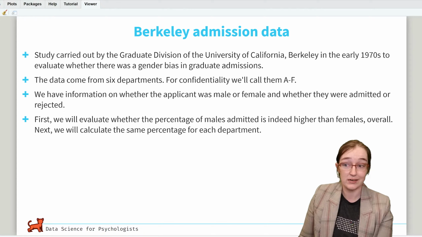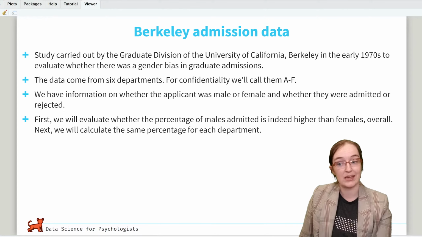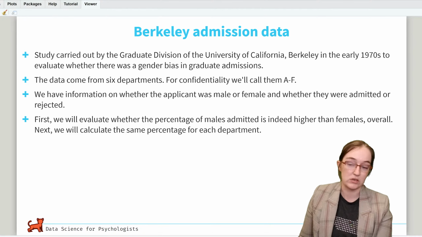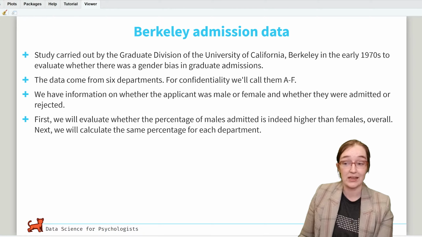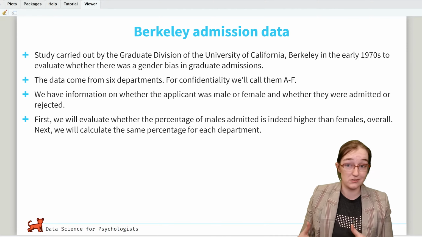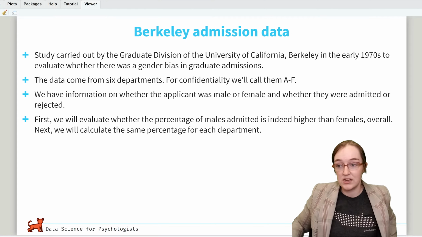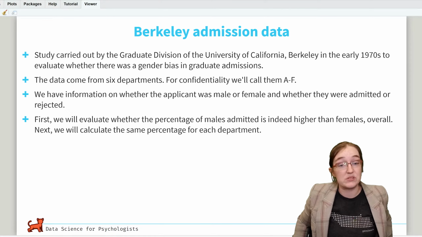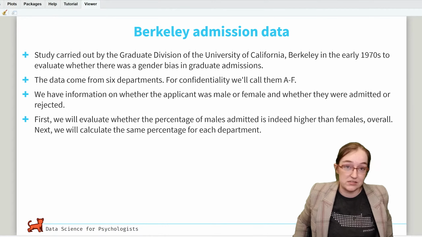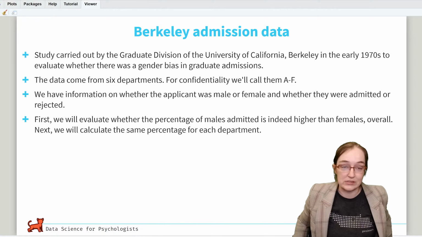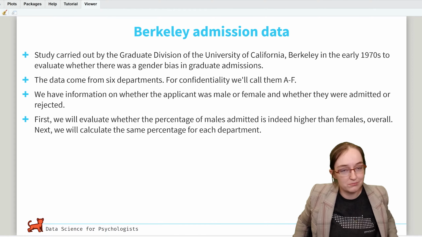These are real data, and these data come from 6 departments, and for confidentiality, we'll call them A through F. And we have information about whether the applicant was male or female. This is the 70s. Gender was a binary in those days, or at least documented as one.